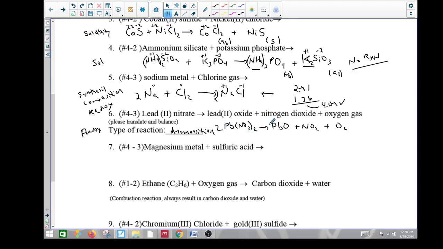Alright, so magnesium metal plus, so once again, sulfuric acid, H2SO4. This single individual metal without a charge is a classic redox reaction.